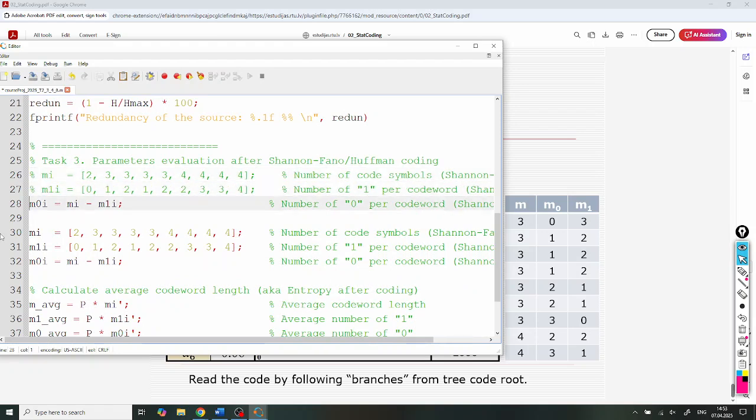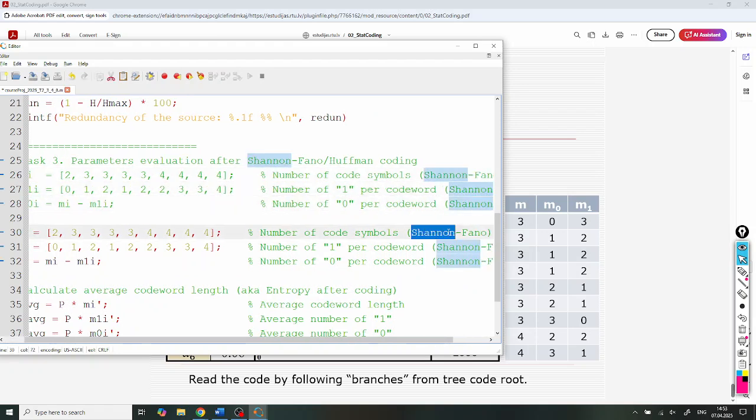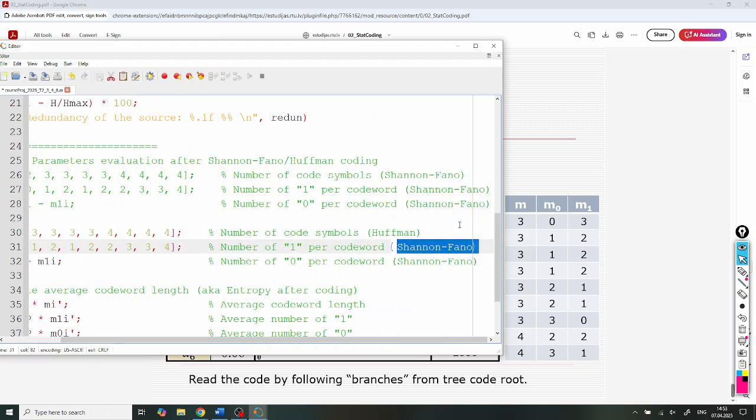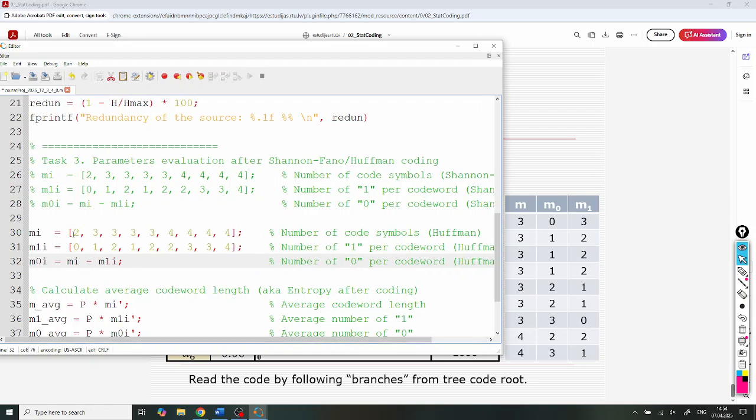So that's going to be Huffman. And I also need to change these numbers accordingly to this table.